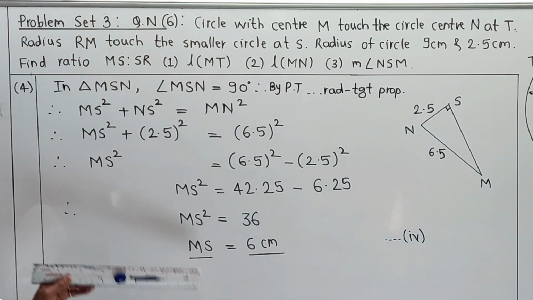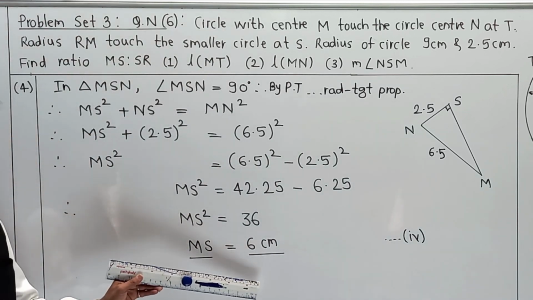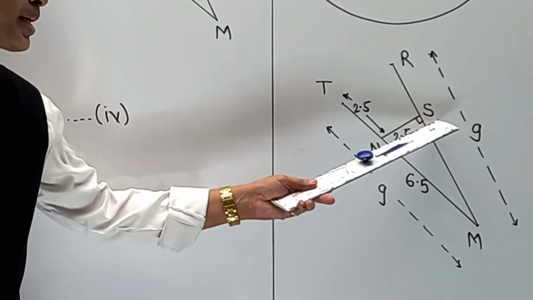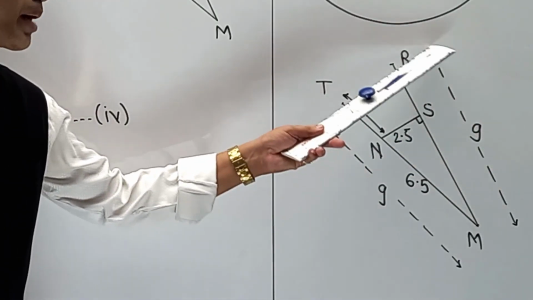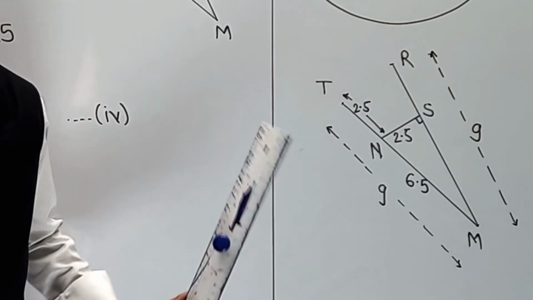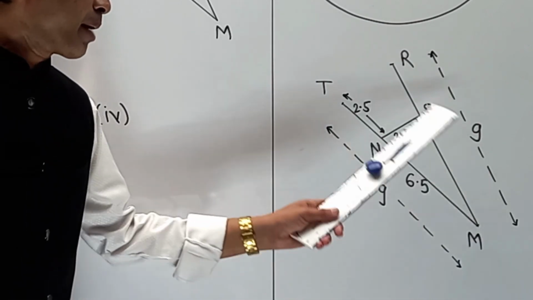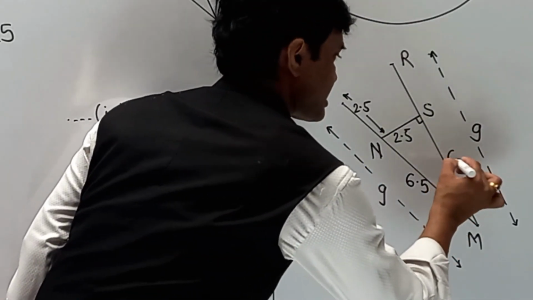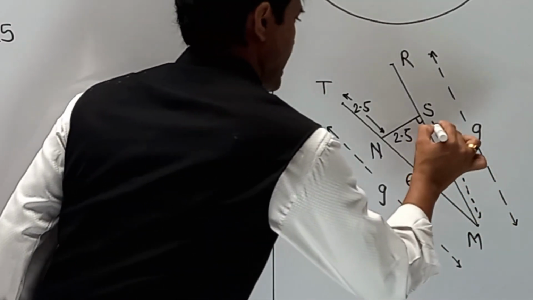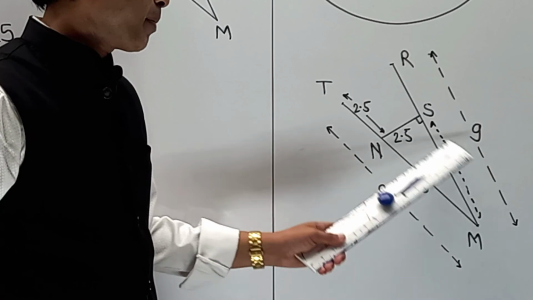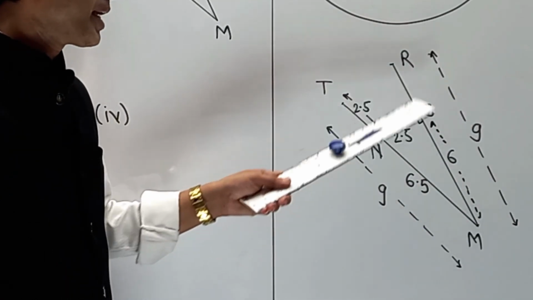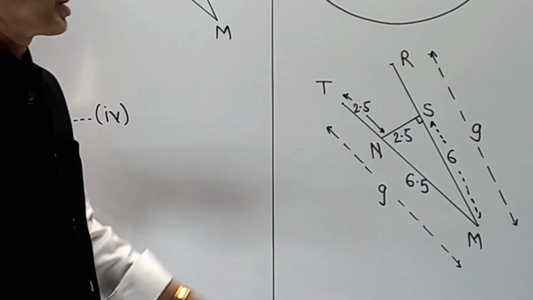Now coming to the part, MS is 6 centimeter. If MS is 6 centimeter, then we know total MR is 9 centimeter, and we can calculate SR or RS as per your condition. Remember, we are able to get this distance MS as 6, and total MR is 9. Definitely we can calculate SR. Definitely SR is 3, but still we have to write.